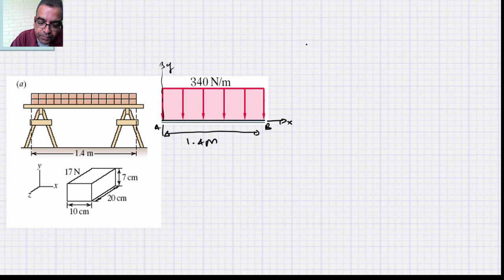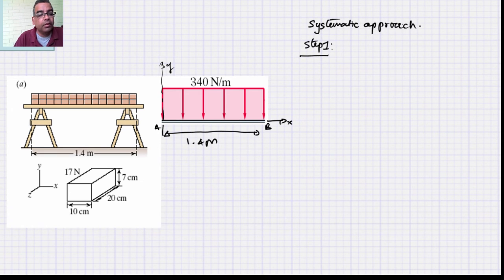So how do I do that? First step, this is our systematic approach. This will always work. Step 1, write the force function.